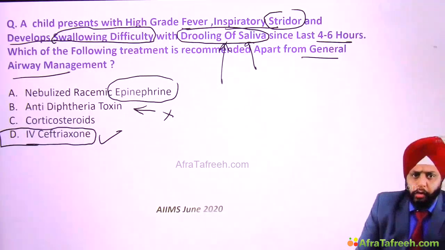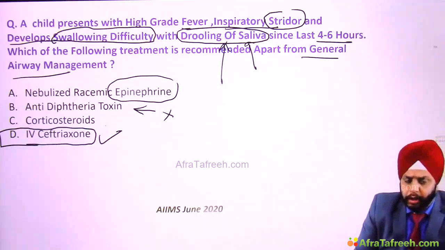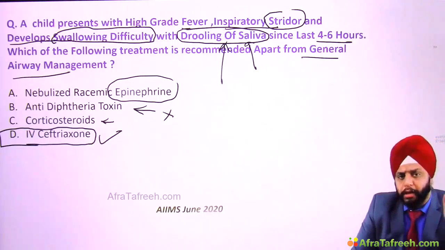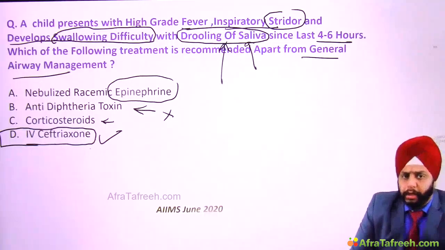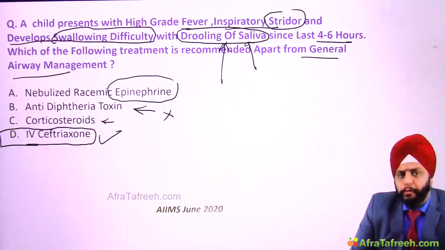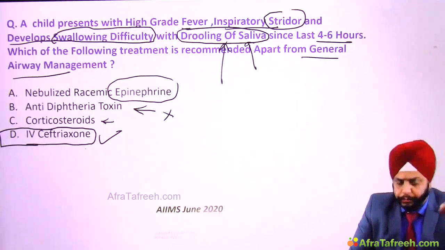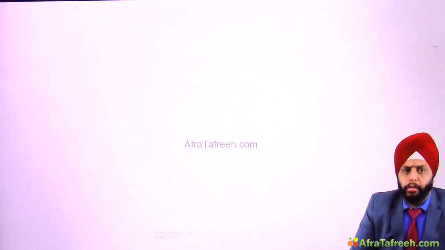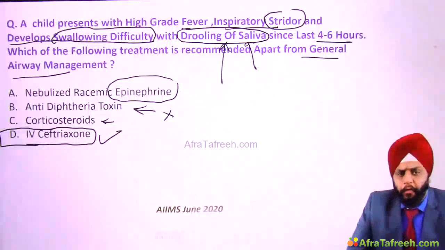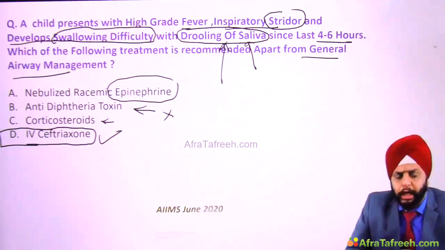Corticosteroids, they have not mentioned whether they are going to give it IV, oral or nebulized. So our best answer in this question is therefore IV ceftriaxone. That is the best option we have to choose.